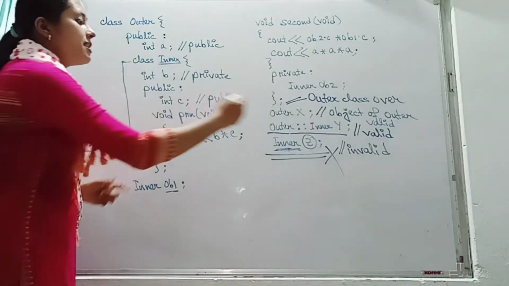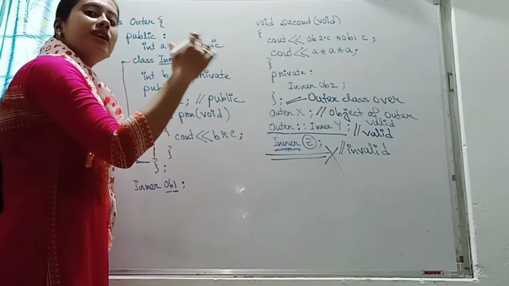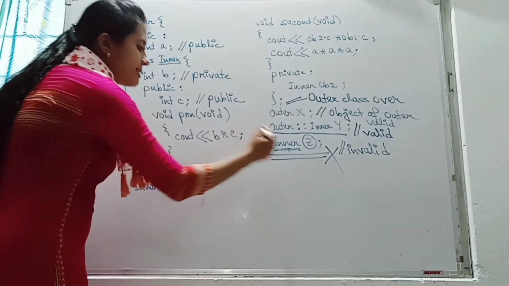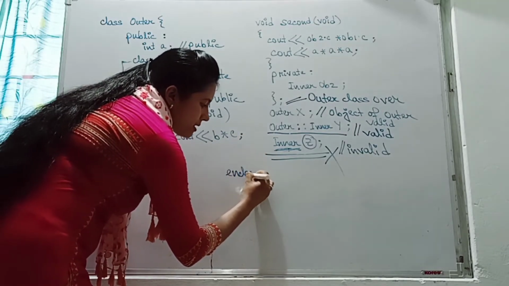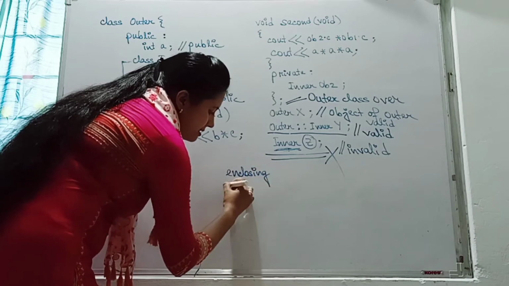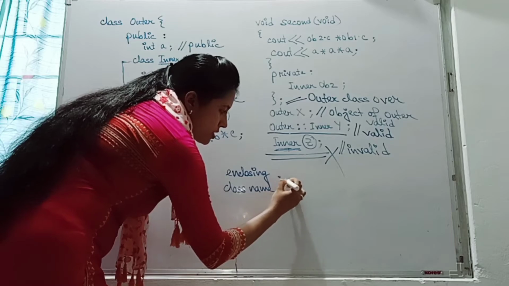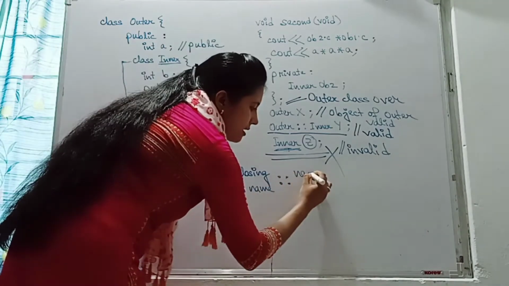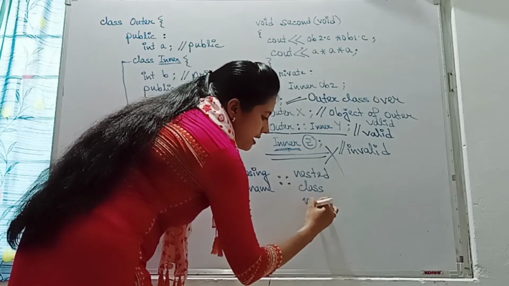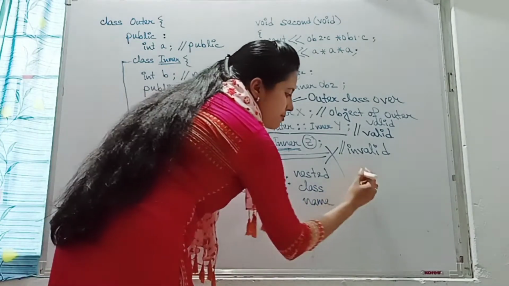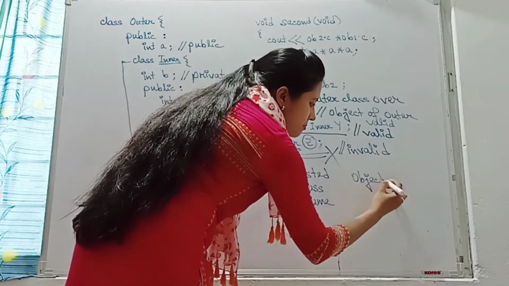Just remember that whenever you are defining an object of the nested class, the sequence should be like this: enclosing class name, scope resolution operator, nested class name, then one space, then object name.